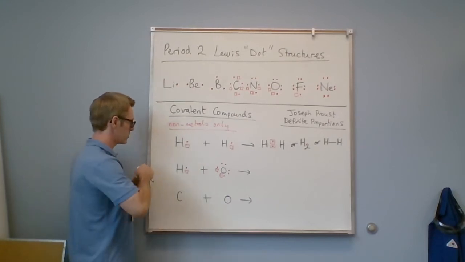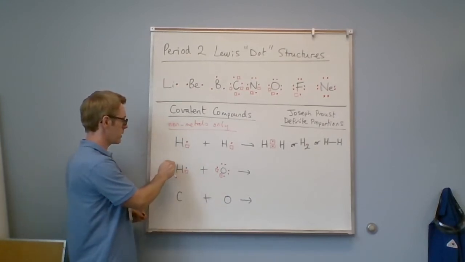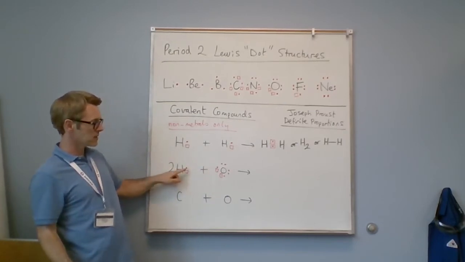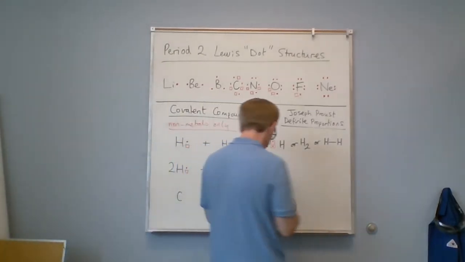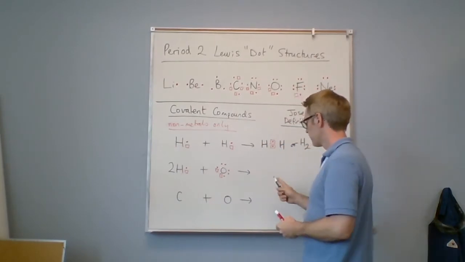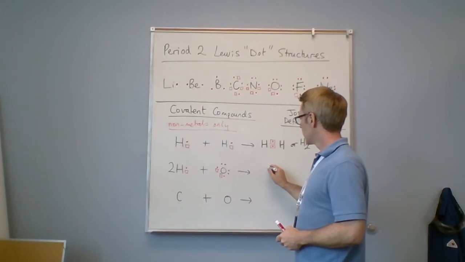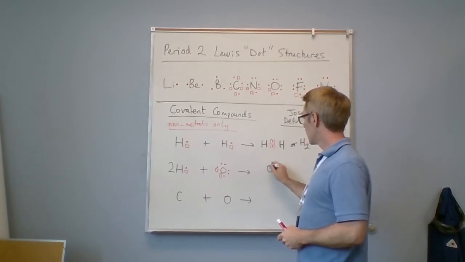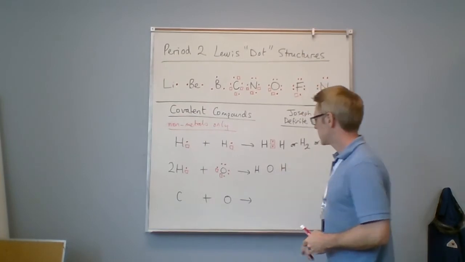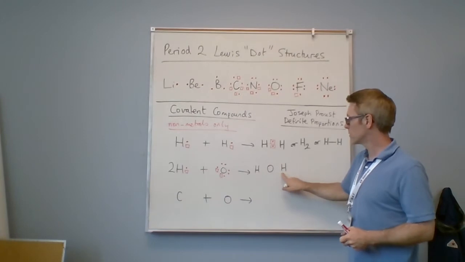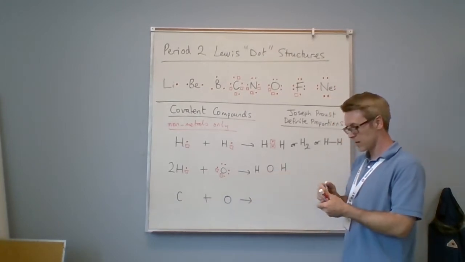So I'm going to have to multiply my hydrogen by a factor of 2 because I need to fill oxygen with 2 valence electrons. So I would write H2 and oxygen. I've got my 2 hydrogens, and I've got 1 oxygen, just 1.